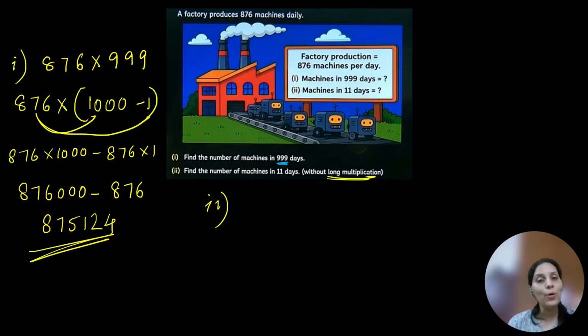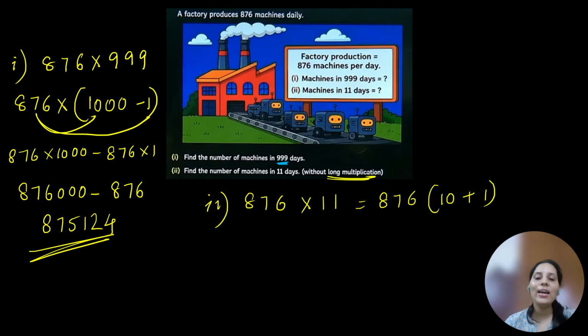Now next one is find the number of machines in 11 days without long multiplication. See, you will be awarded marks only if you do this procedure and not long multiplication. Even if you do long multiplication and you end up with the right answer, the teacher will not give you marks. So these properties should be used wherever required. So 876 into 11, which is nothing but 876 into 10 plus 1.